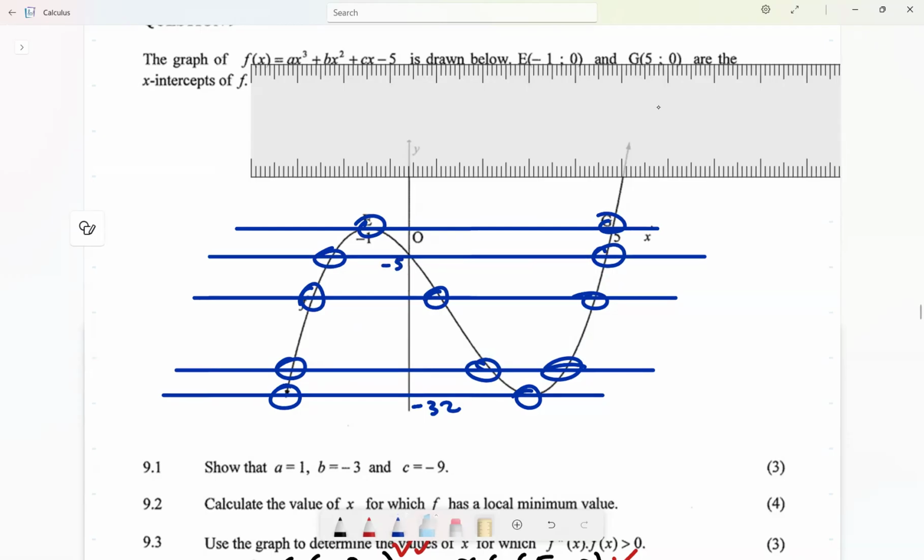So it is just between these two values here. So I'm going to say t is between the two boundaries, negative 32 and 5.